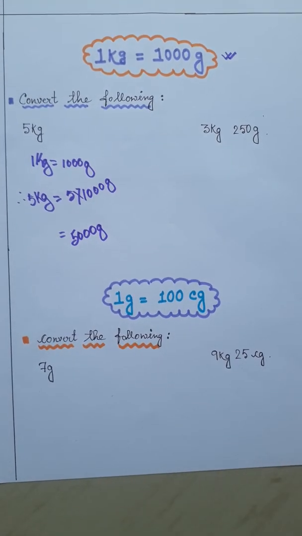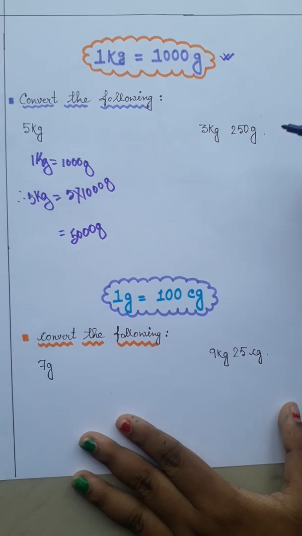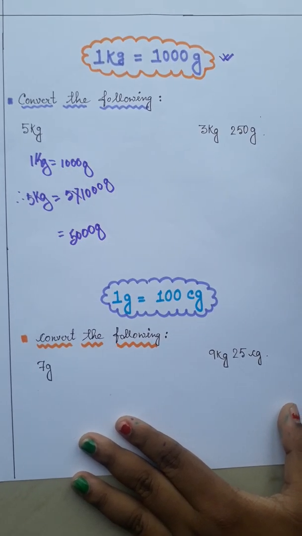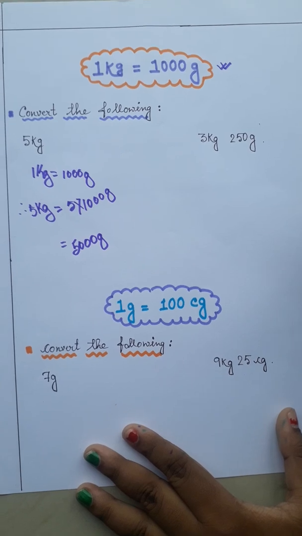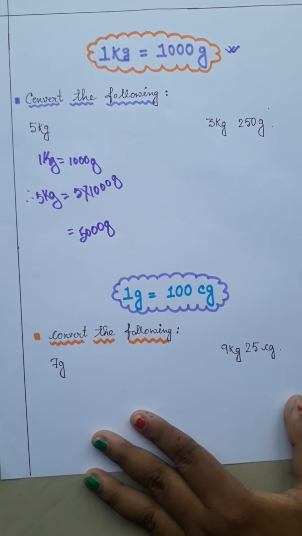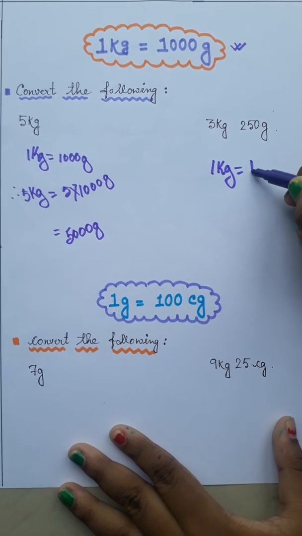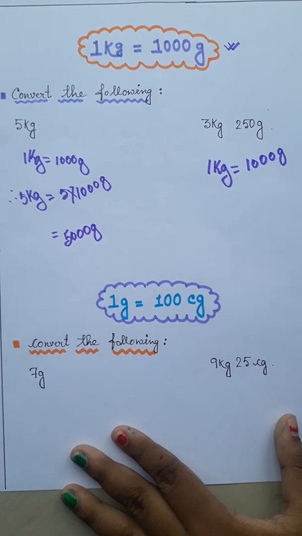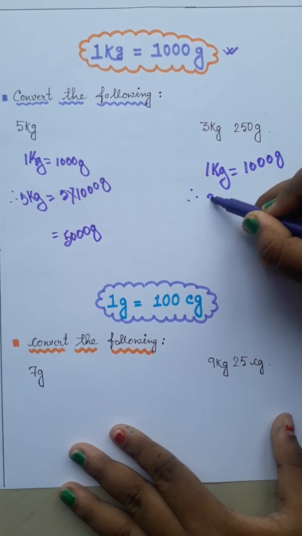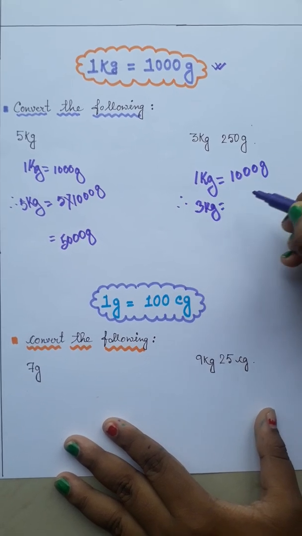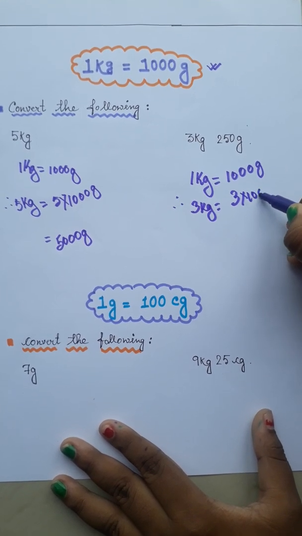Okay. Next we will go to the next one, that is 3 kg 250 gram. Similarly, like the previous one, in this one also we have to write 1 kilogram equals 1000 gram. Okay. So in the next line we will write, so 3 kilogram equals 3 into 1000.